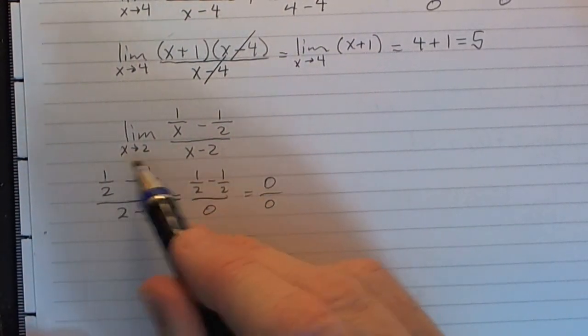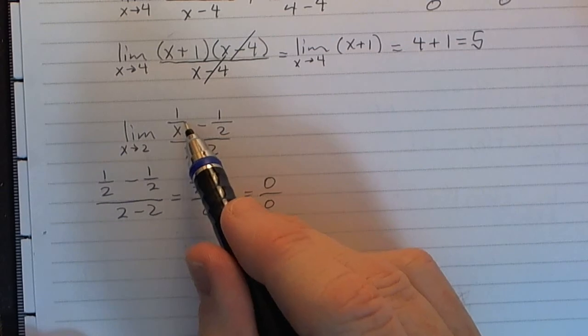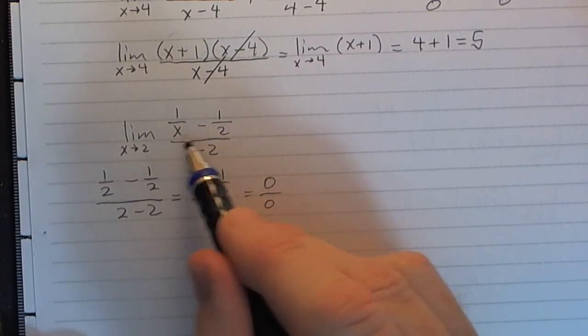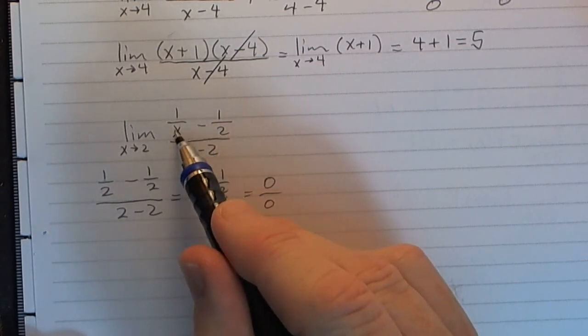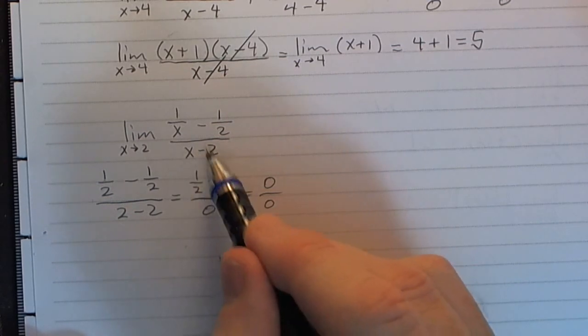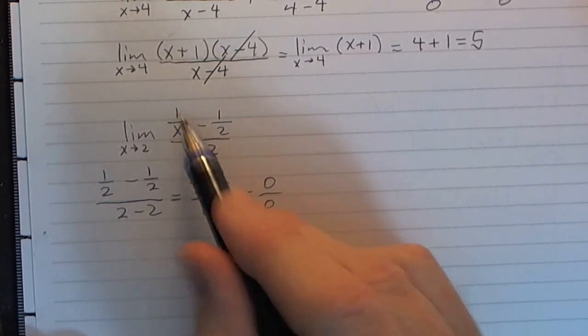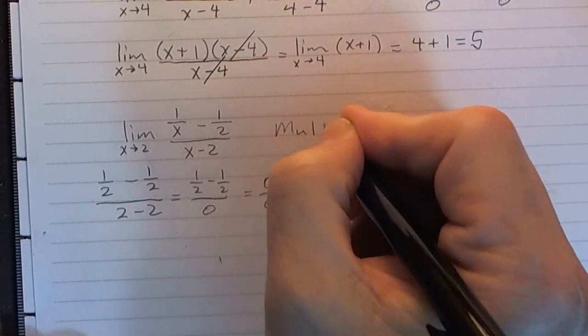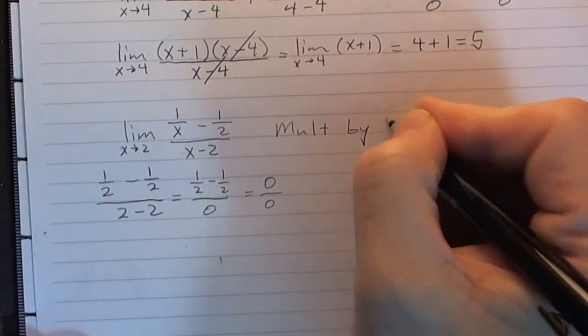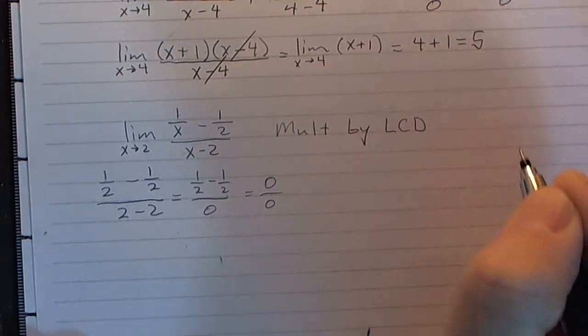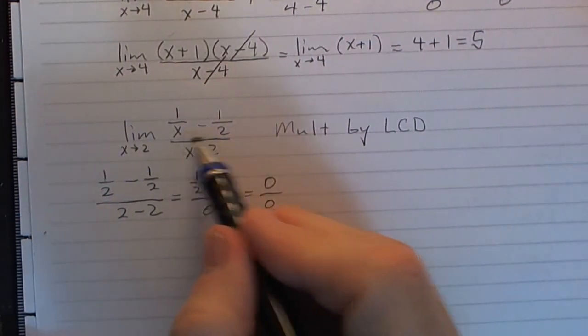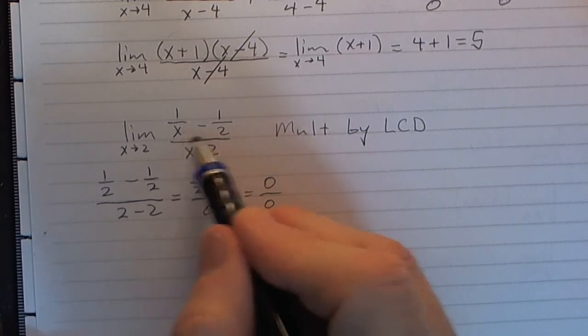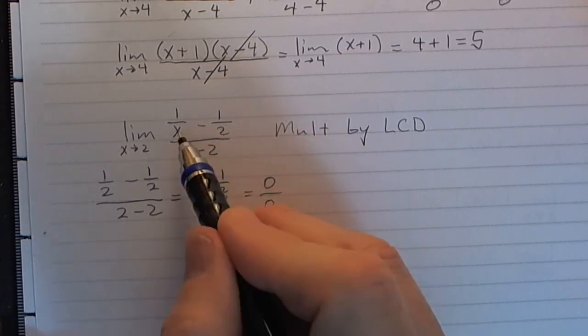What I do on a problem like this, where we have a complex fraction, with a numerator and denominator up top, and then the numerator and the denominator, is I multiply by the least common denominator. In other words, I look at these extra denominators here, and I've got 2 and I've got x.